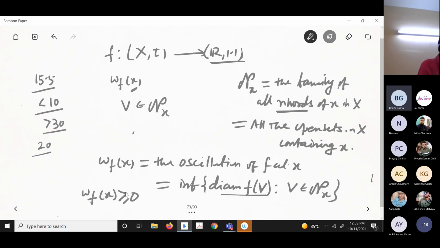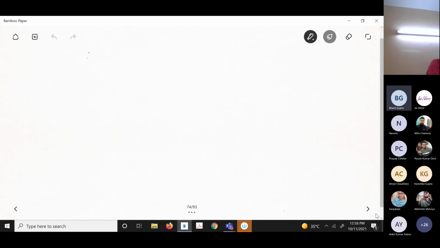Got it? Now the question is when it is 0. I have left that as an exercise for you: the oscillation is 0 if and only if F is continuous at X. That is Theorem 3.4.